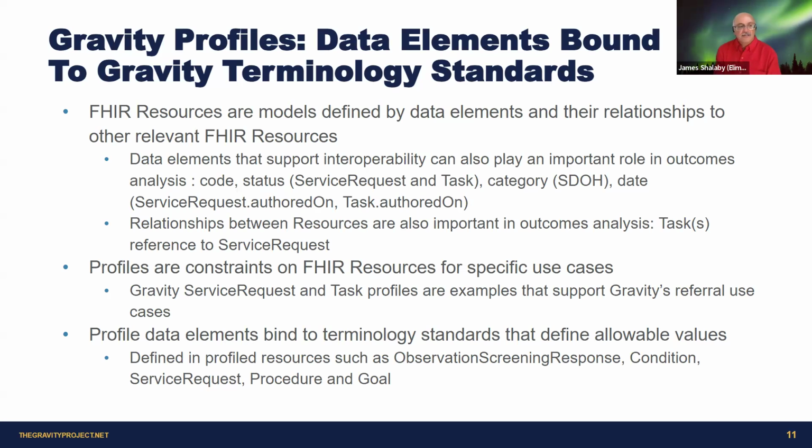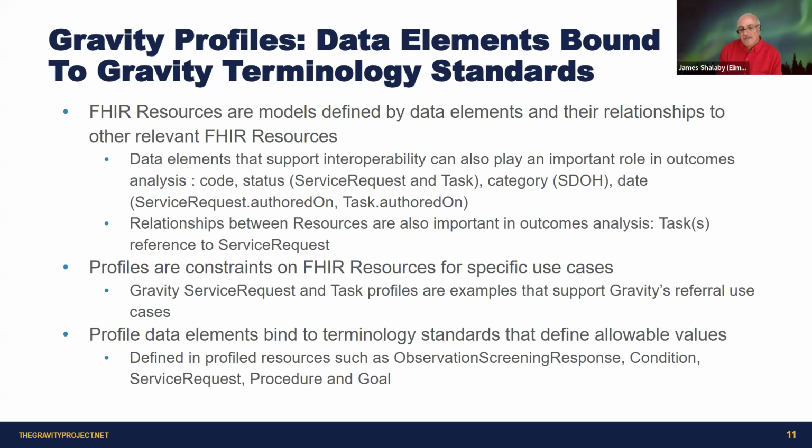The broad categories. There are also dates that are additional data elements that support information that's important for being able to do outcomes analysis, such as when was a service request or referral written or authored? When was a task authored? When did this task start? Okay. There are also important relationships between resources, and these are also important to be made transparent in outcomes analysis, and we'll see examples of why in just a bit.